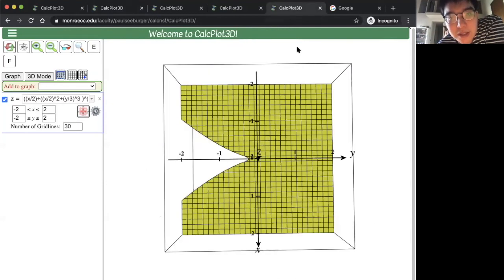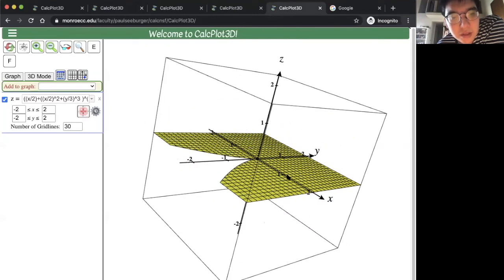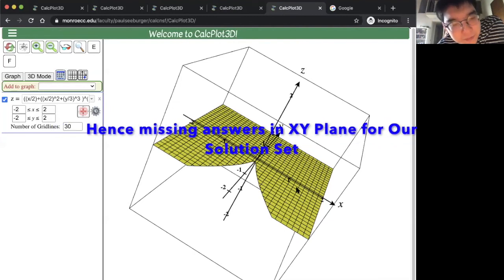But surprisingly, I have a portion of the xy plane missing here, traced away by this curve, if you will. I guess it's by the two square roots. I have a feeling it's because the square root can only take in positive and negative arguments of a sort. That explains why we have this missing shape in here.